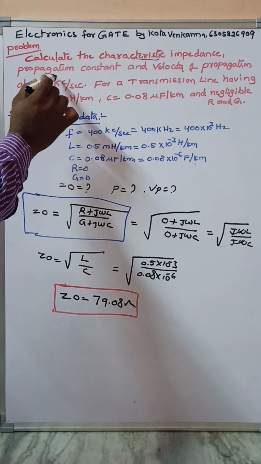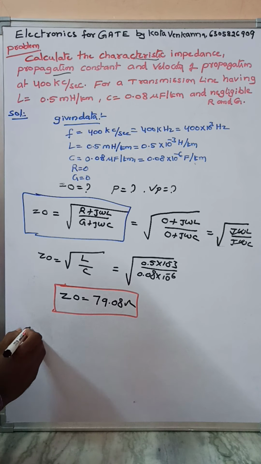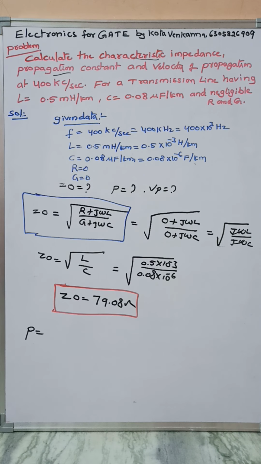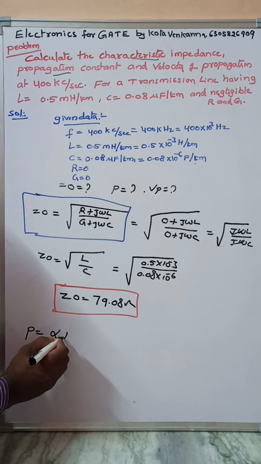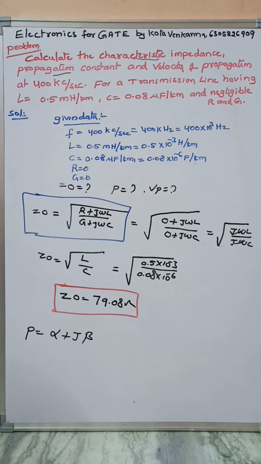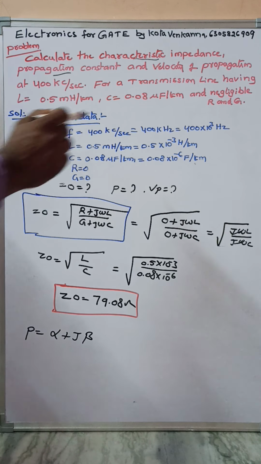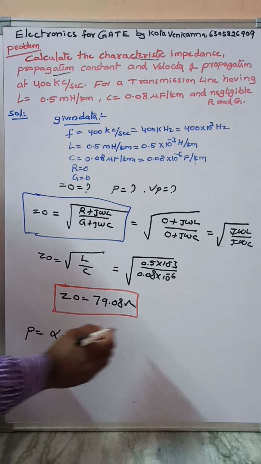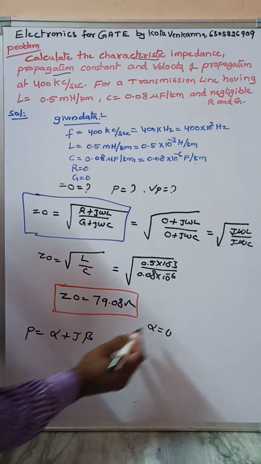Then we have to find the propagation constant P. P is equal to alpha plus j beta. When R is equal to 0 and G is equal to 0, that is a lossless transmission line. In a lossless transmission line, alpha is equal to 0.